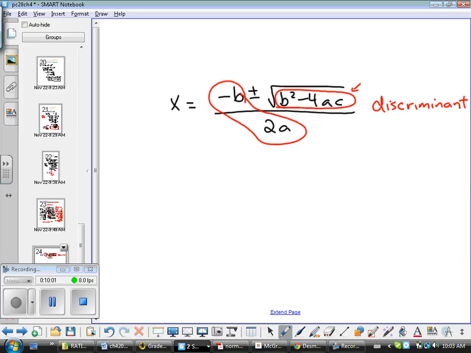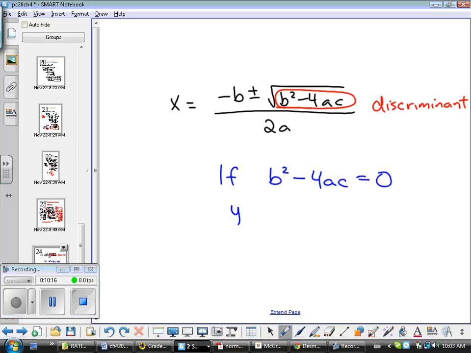That's nice because if the discriminant equals 0, you have one real root. Now, if it equals a perfect square, that's nice because you get rid of your square root.